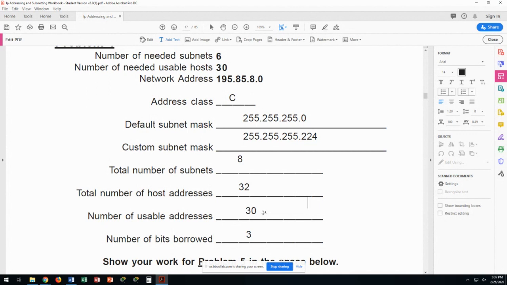We got all these 8 different networks. But let's say I have an IP address of 195.85.8.65 and 195.85.8.35. Are these on the same network?